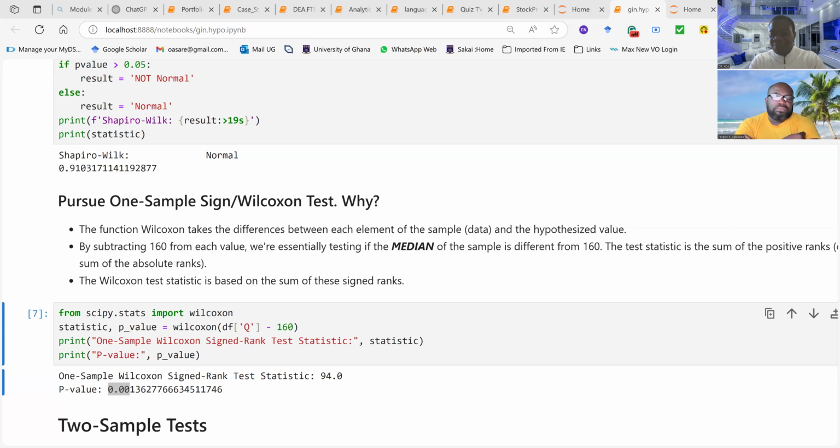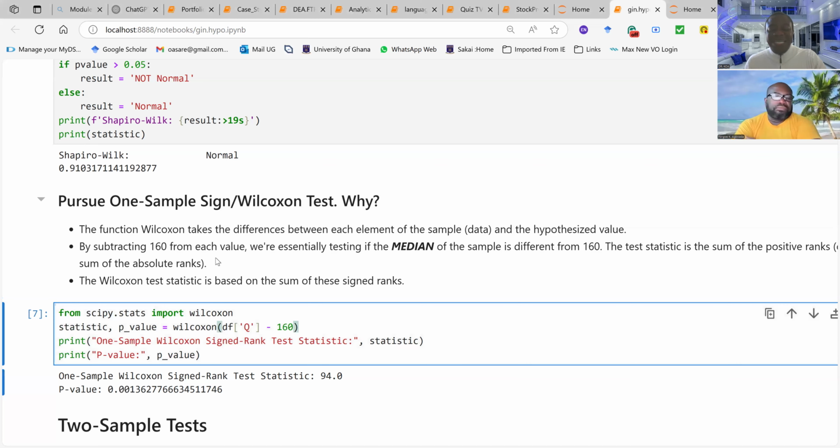If it is not, then you can use the non-parametric equivalent, which in this case is the Wilcoxon. That's how it works. Very good. That's one sample.